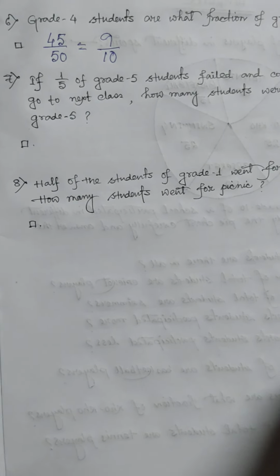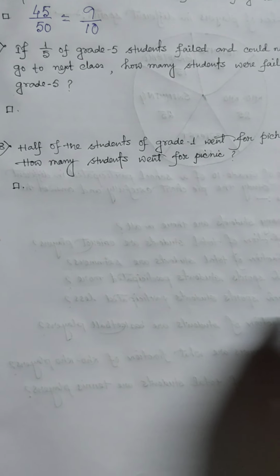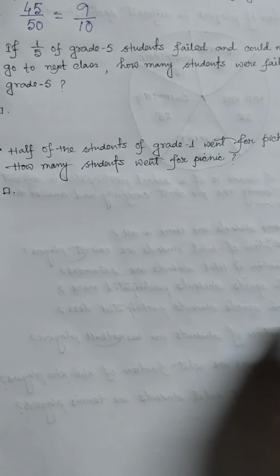Next, if 1/5 of grade 5 students failed and could not go to next class, how many students failed in grade 5? So 1/5 of grade 5 students.